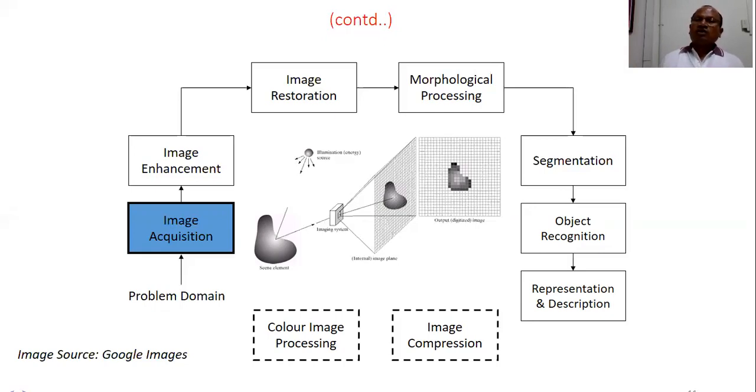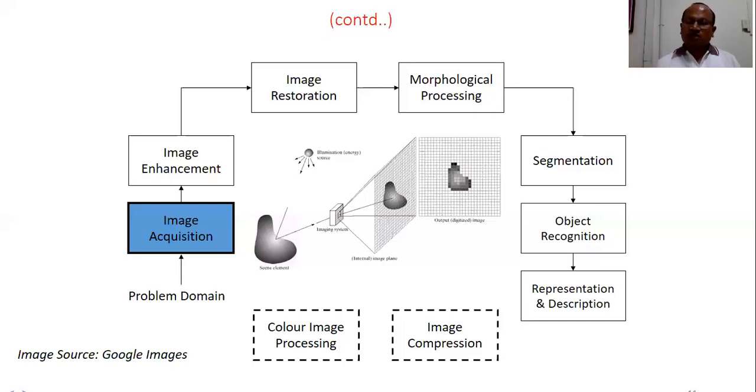Talking about image processing, this much is not justified. Image acquisition itself is a big area. How the image is acquired, what sensors are used, what the problems in image acquisition are, what type of noise signals, imperfections and abnormalities are added in the image while capturing.